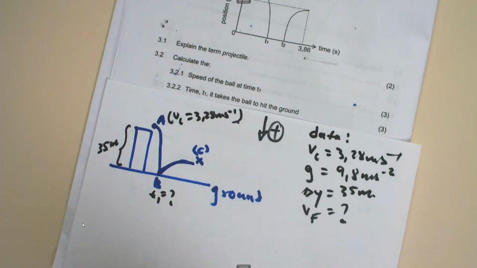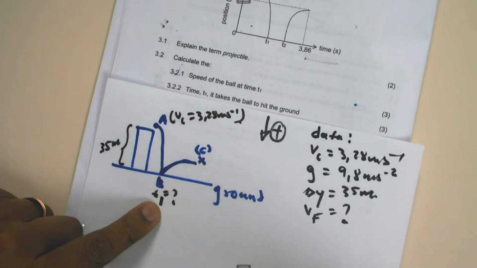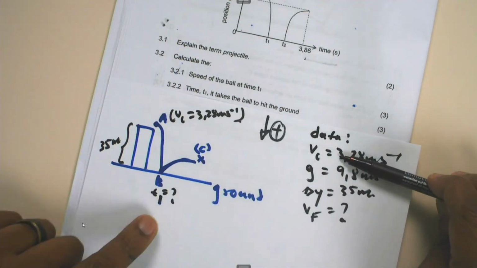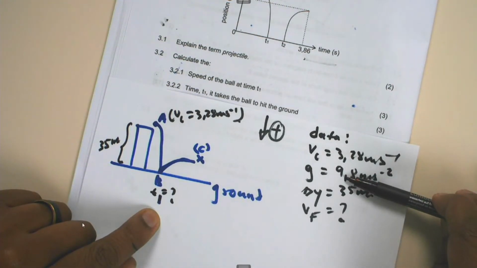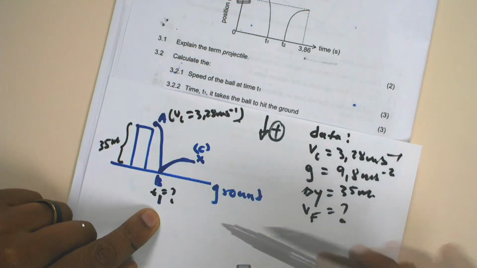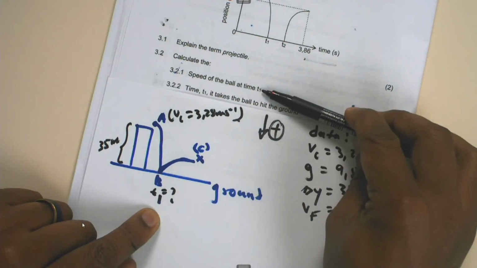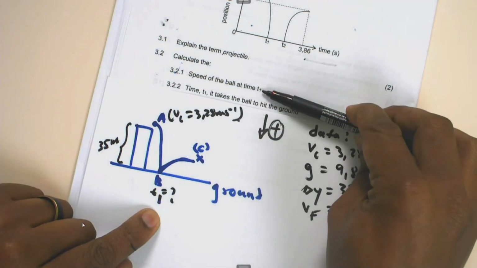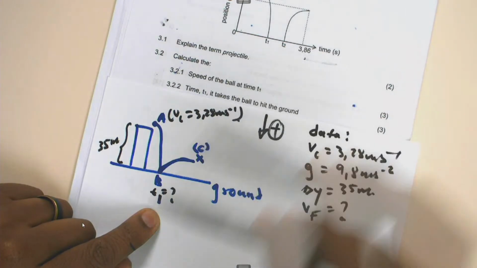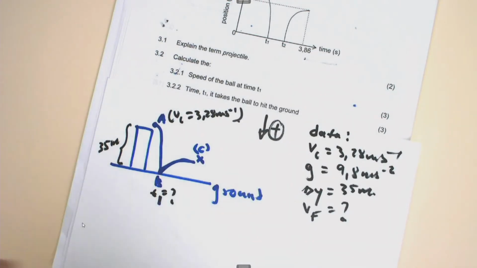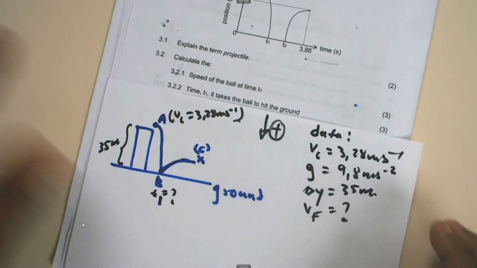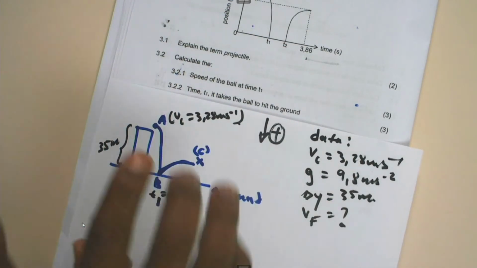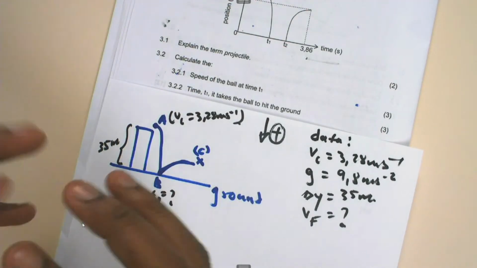Once I know they are asking for T1, I can easily say I have V initial, I have g, and I have just calculated my final velocity at 3,21, so it will be easy for me also to calculate T1. So the idea is work with a trajectory, draw the trajectory.